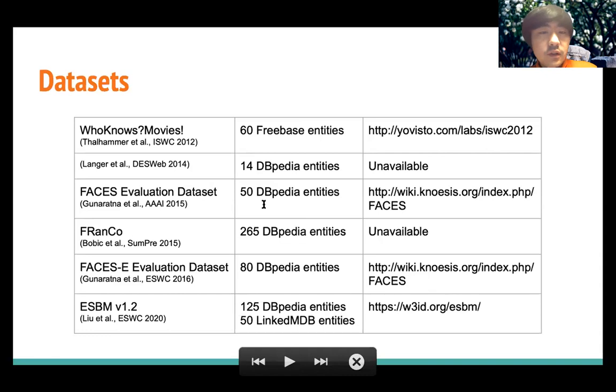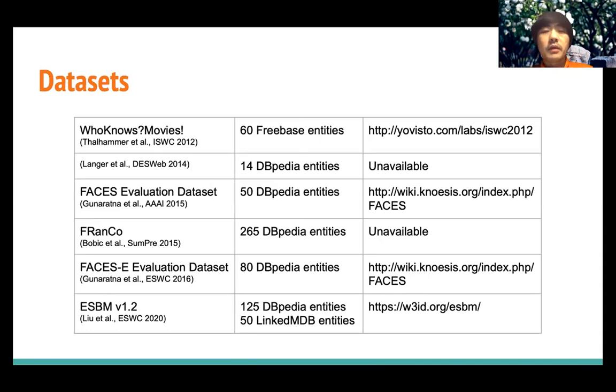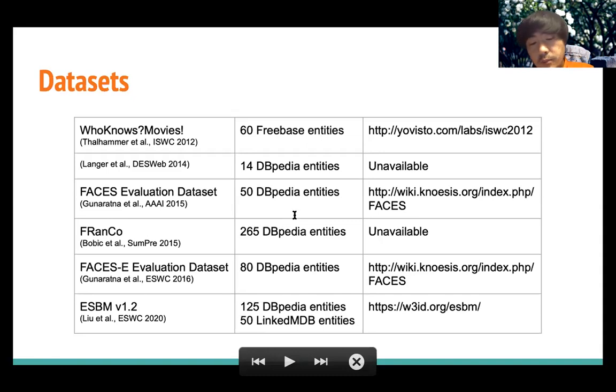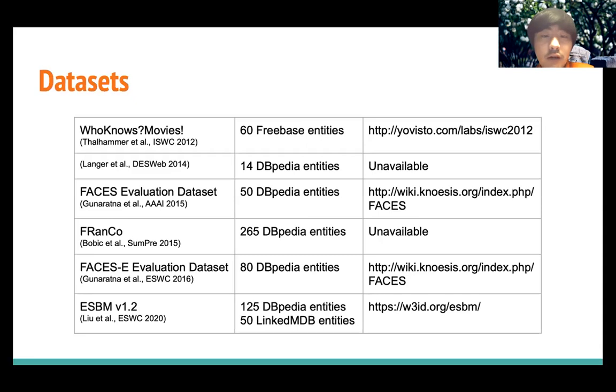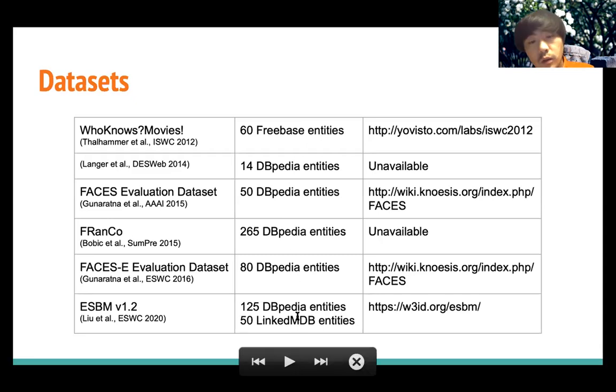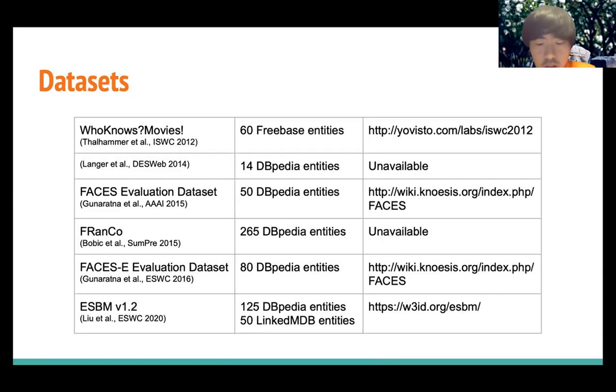Most of these datasets use DBpedia entities, because DBpedia is a very popular, diverse knowledge graph. Some also use Freebase or LinkedMDB, which is a movie database. Next, we will only focus on ESBM, which is the most recent dataset that we published.